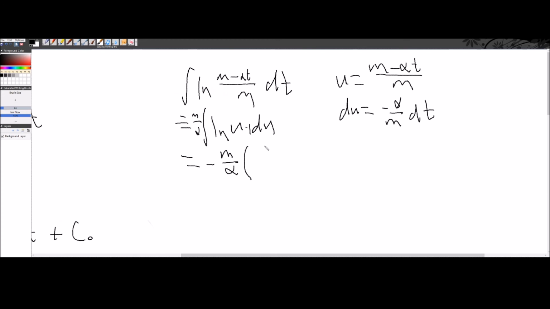So first, we have to integrate this thing once. Integrating 1 gives u. And then you just leave ln as it is.